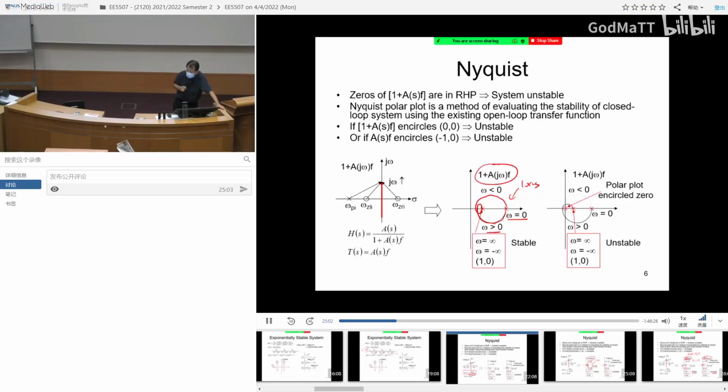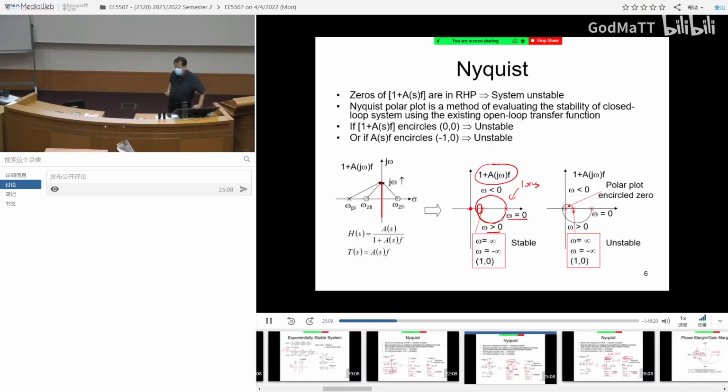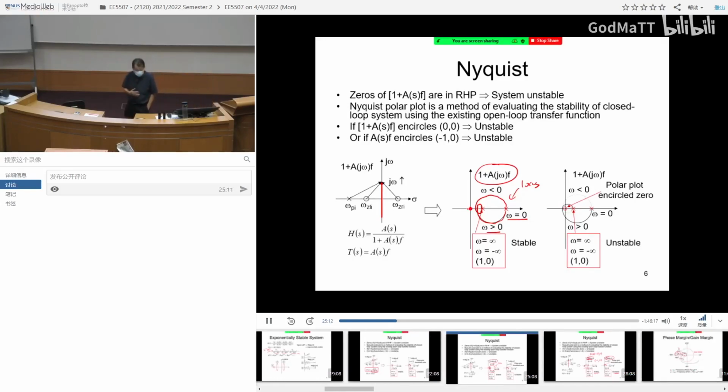Now if we plot this, then we judge: does it enclose this point? Obviously in this system it doesn't, right? After you plot everything out, you see that my final plot doesn't enclose the origin (0, 0). Since it doesn't enclose, we conclude the system is stable. If it encloses, the system is unstable. I didn't go through the theory behind it, but it's actually quite simple to understand. When would this become unstable? When 1 plus A(s)F equals 0.